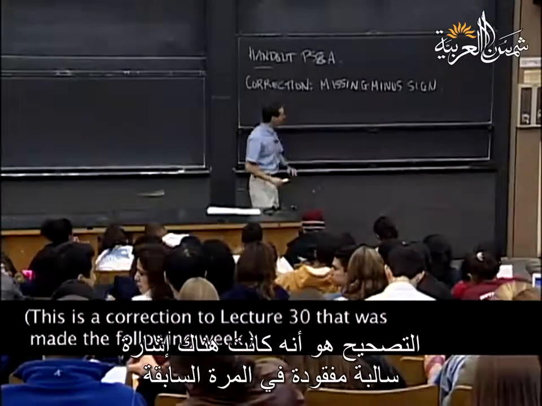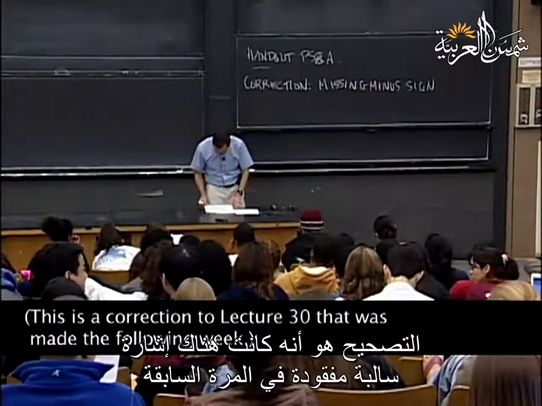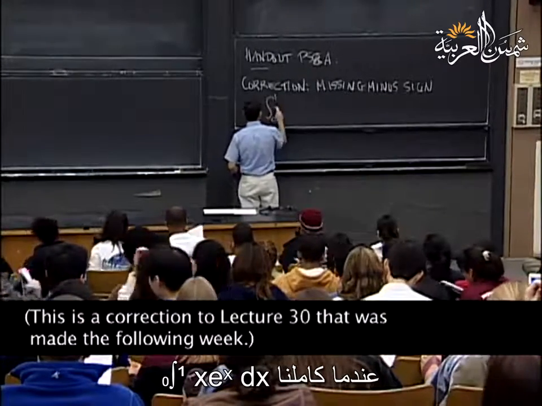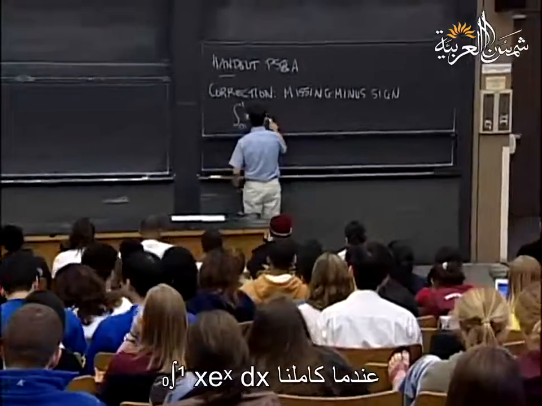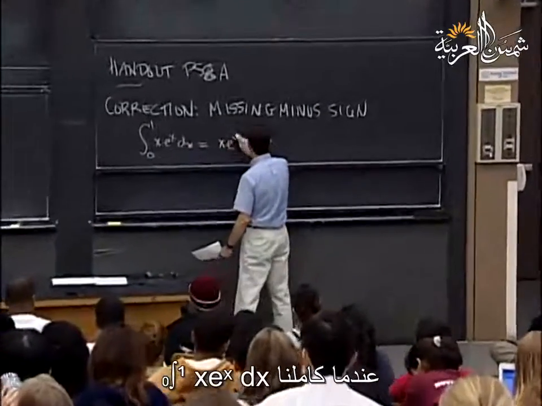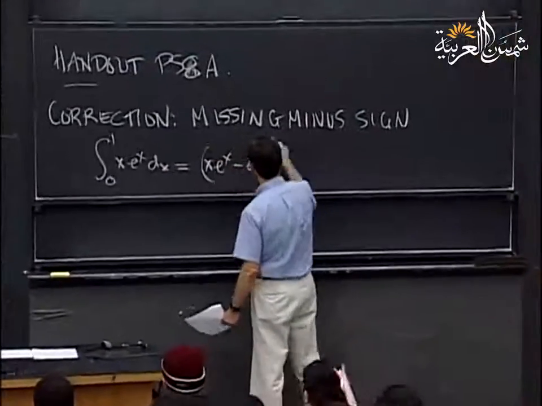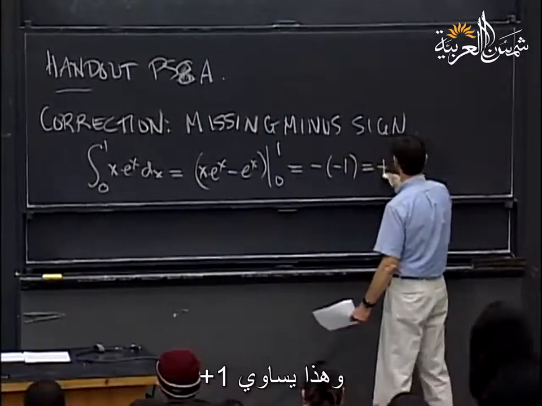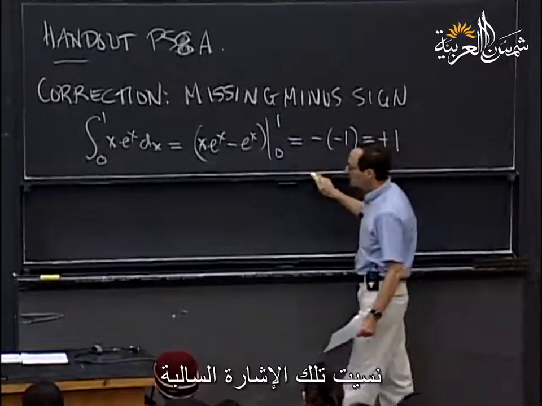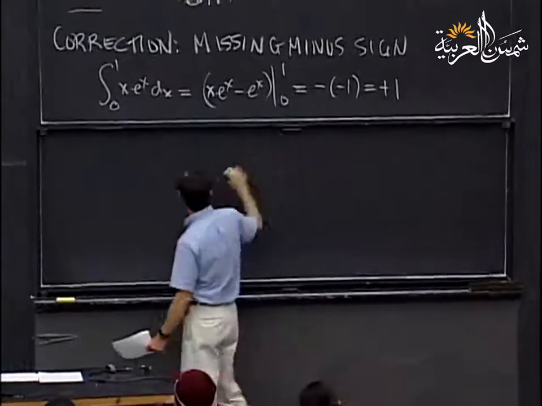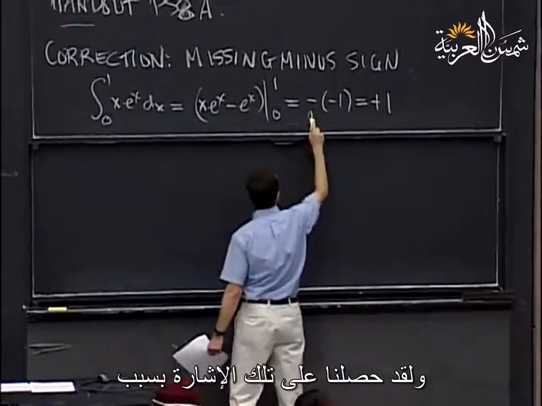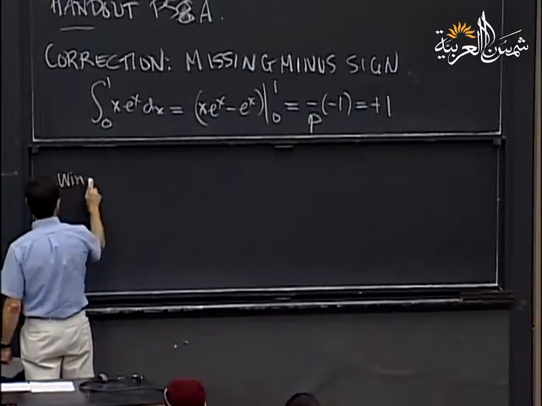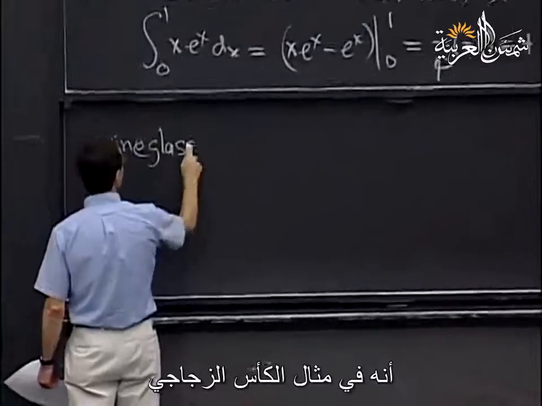All right. The correction is that there was a missing minus sign last time. When I integrated from 0 to 1 x e to the x dx, I had x e to the x minus e to the x, evaluated at 0 and 1, and that's equal to plus 1. I was missing this minus sign. The place where it came in was in this wine glass example.